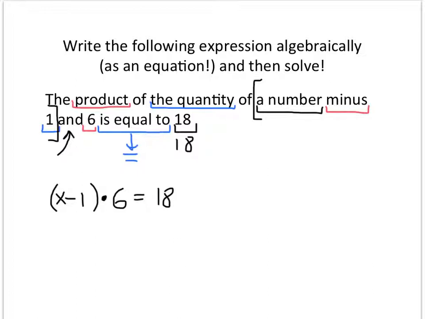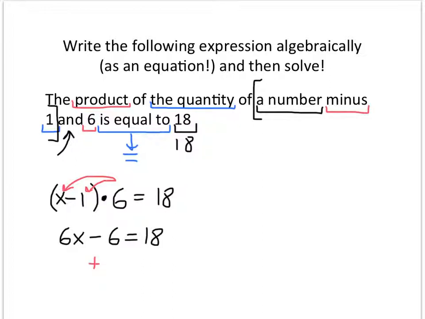Okay. So now I have to be careful. Because of the parentheses, because we're dealing with the quantity of a number minus 1, or in other words, x minus 1, I am going to have to distribute here, which is going to give me 6x minus 6 equals 18. So now I have multiplication and subtraction.